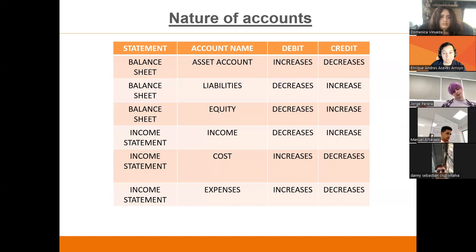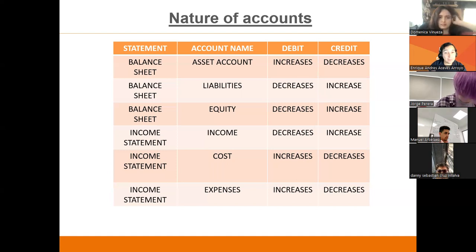Obviously. In an accounting system, the expenses and the costs are positives. So the assets, the cost and the expenses are positives. And the liabilities, the income and the equity are negatives.